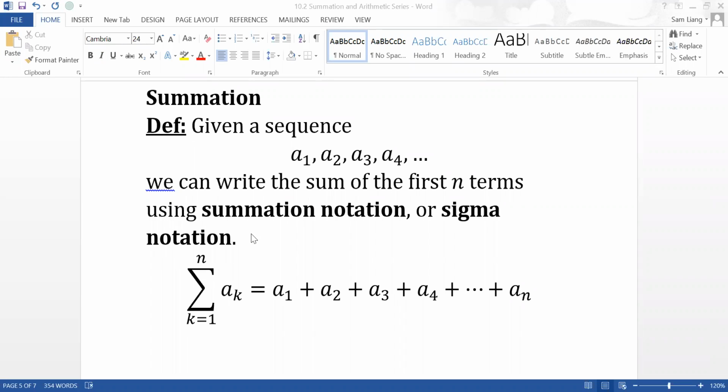Okay. But this should remind you of something from yesterday. Does anyone remember what this looks like? So like you're adding A1 to AN, right? That was one of the topics from yesterday.